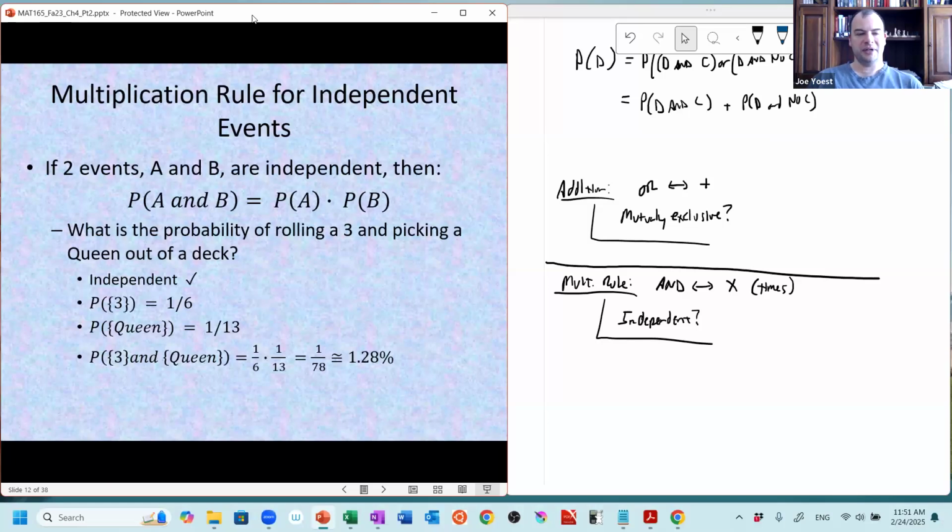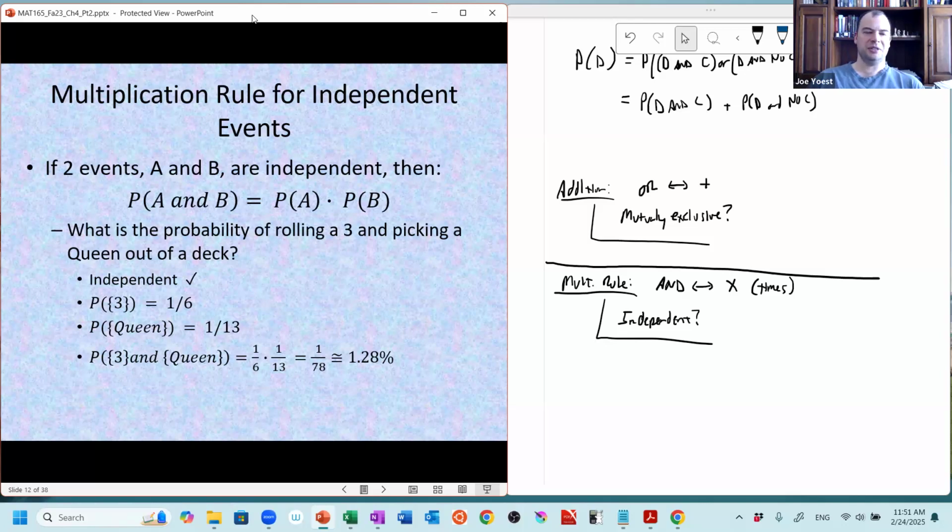These would be independent events. The number that I roll on a die isn't going to affect what card I draw. The probability of rolling a 3 is 1/6. The probability of drawing a queen is 1/13. So the probability of rolling a 3 and drawing a queen is 1/6 times 1/13, or about 1.28%.